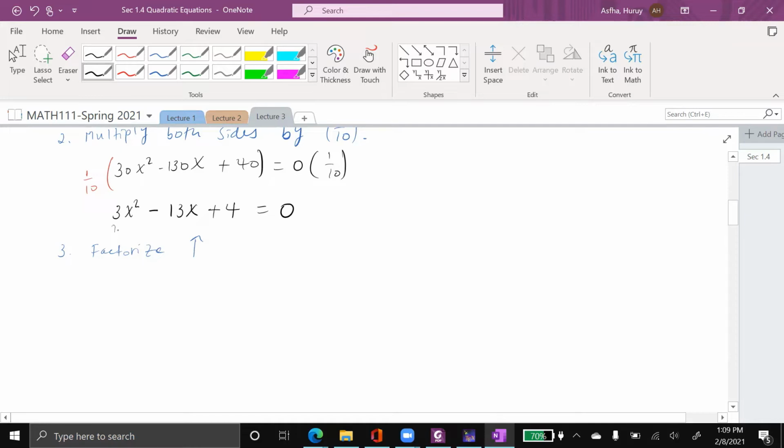let's call this one A, this one B, and this one C. So if you have something like this, to find the factors we need to find two numbers.